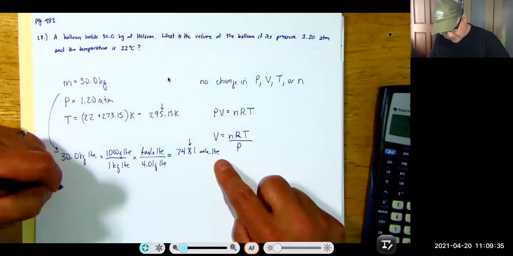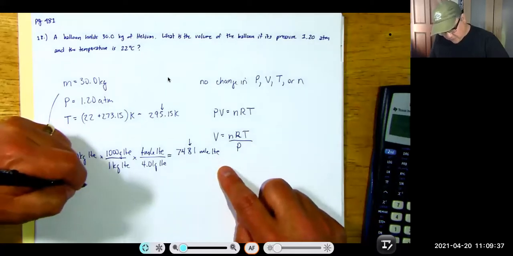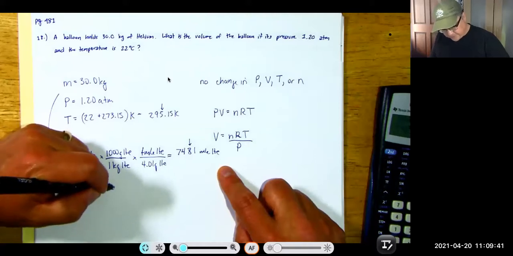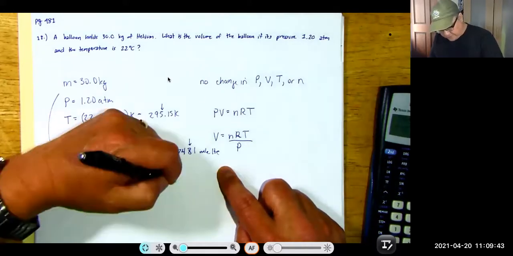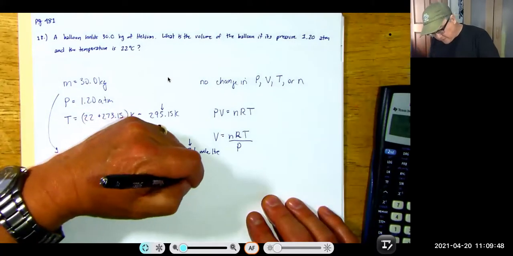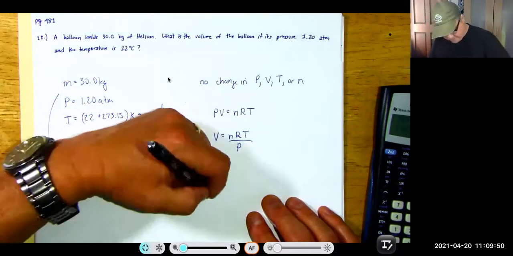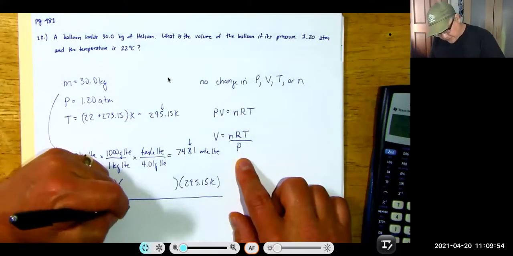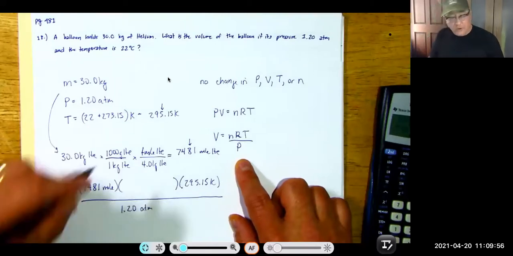So the volume is going to be 7,481 moles times R, and here the temperature is 295.15 K, and the pressure is 1.20 atmospheres. So what are we going to use for R?